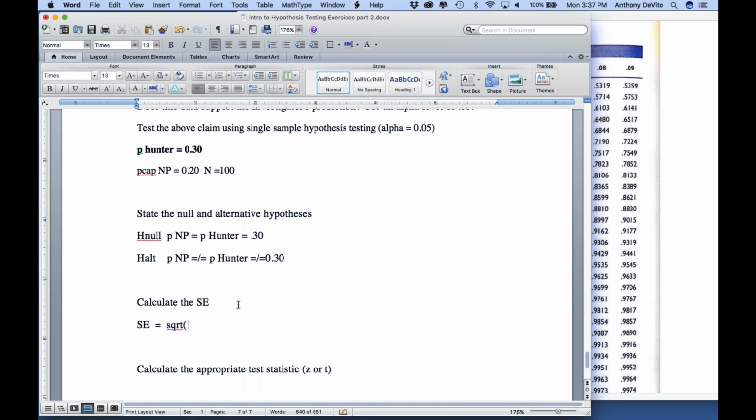Square root of P times 1 minus P over N, the sample size, square root of that whole thing. If I'm going to do this right, I'm going to put on all these parentheses. Actually, I think that should work. I'm going to leave it up to you to tell me what that is.